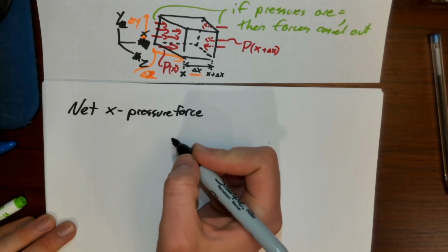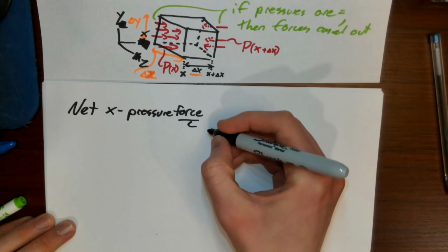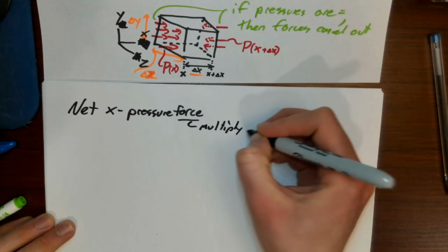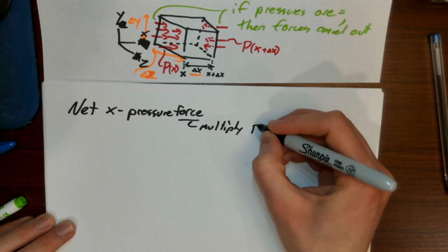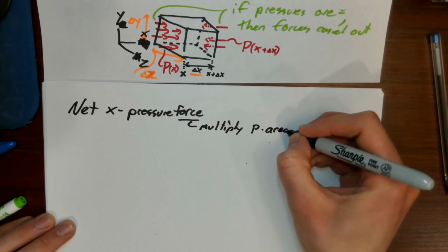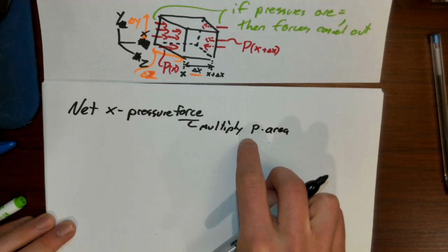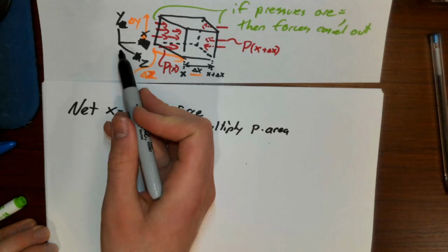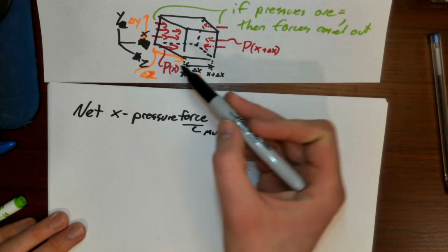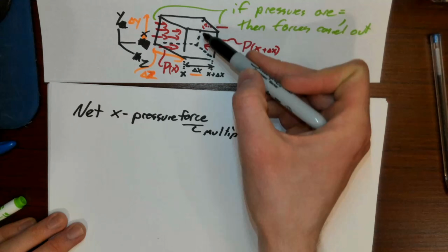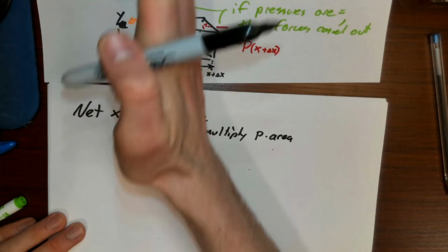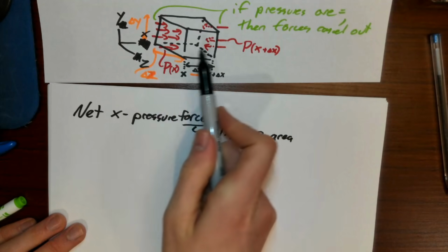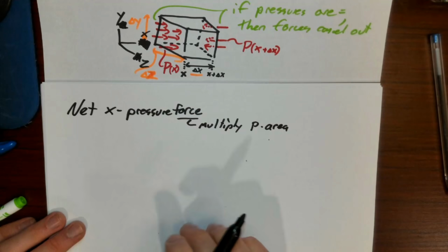So to get forces, I need to multiply the pressure times the area that pressure is acting on. So in this case, there's pressure acting in the X direction on two relevant faces. Strictly speaking, there is pressure acting on all of those other faces, but they're either pushing it in the Y direction or in the Z direction. So we only really need to consider pressure on those two faces.